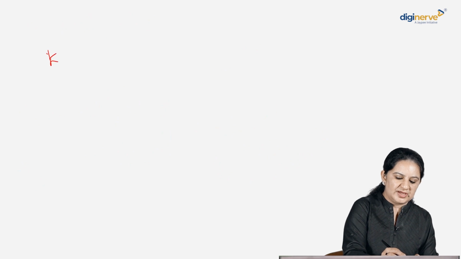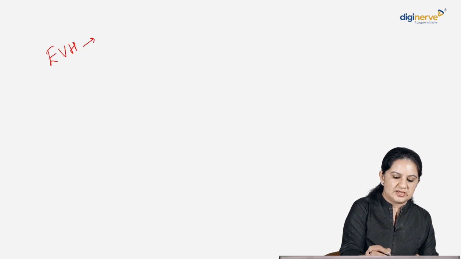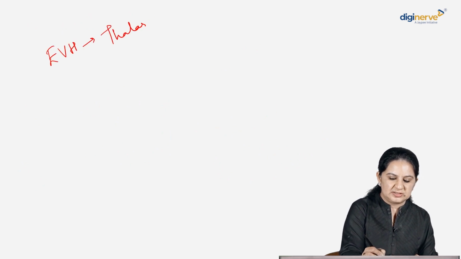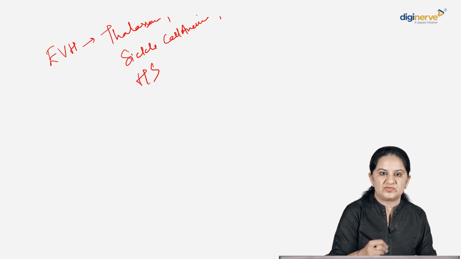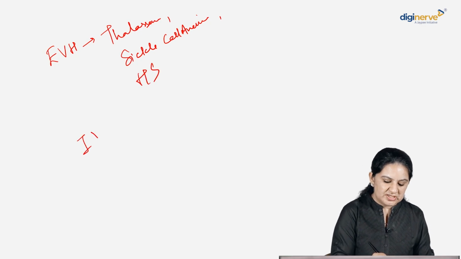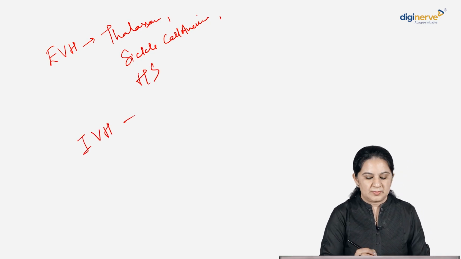So, before winding up all the acquired hemolytic anemias, we saw extravascular hemolysis. Extravascular hemolysis was seen in thalassemia, sickle cell anemia, and hereditary spherocytosis. Where all did you see intravascular hemolysis?